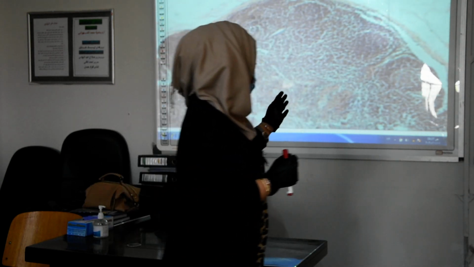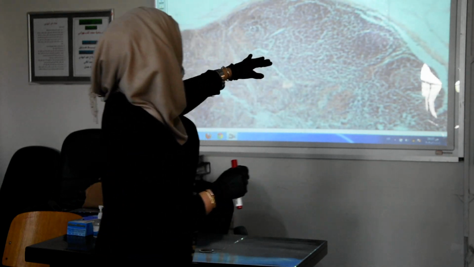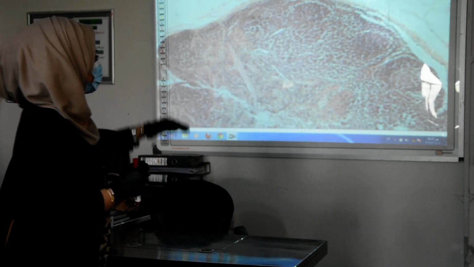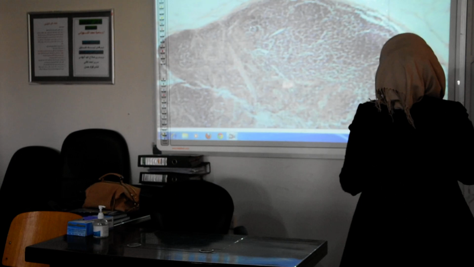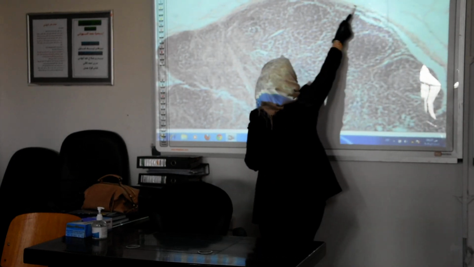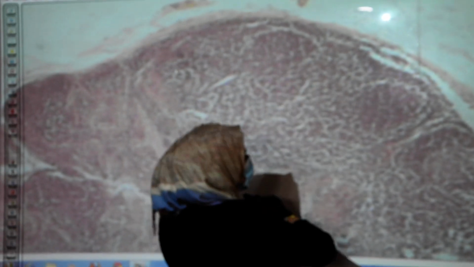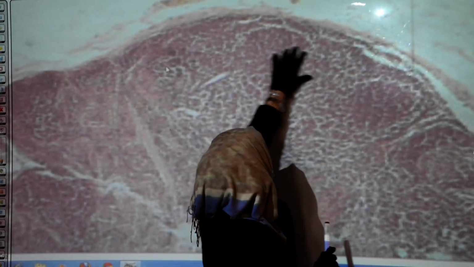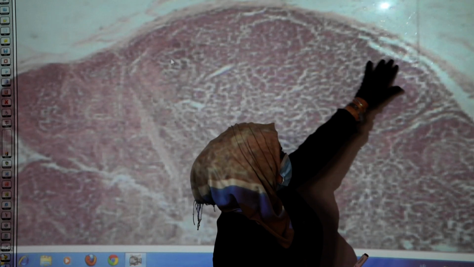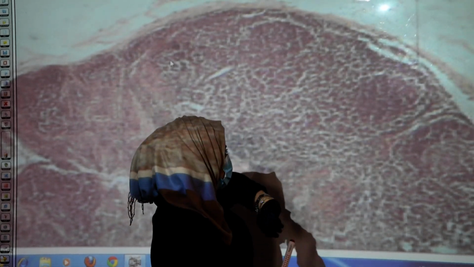Okay. At the convex surface, as we see on this slide, this is the collagenous connective tissue capsule surrounding the organ, and this is the convex surface of the lymph node.